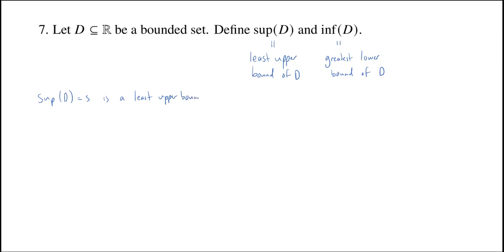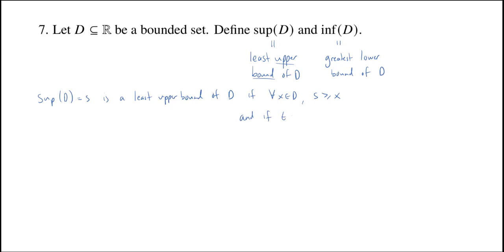upper bound of D if for all x in D, s is greater than or equal to x. So that tells you that it's an upper bound, right? It's bigger than everything in D, or at least as big as everything in D. And now we need the least part. We have the upper bound, now we need the least part.